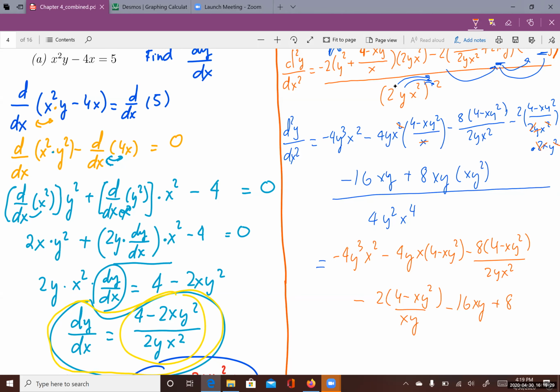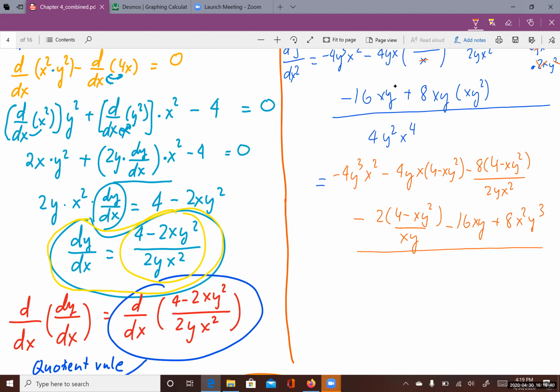If I combine this, it's going to have x squared y cubed. Again, everything over 4y cubed x to the 4th.